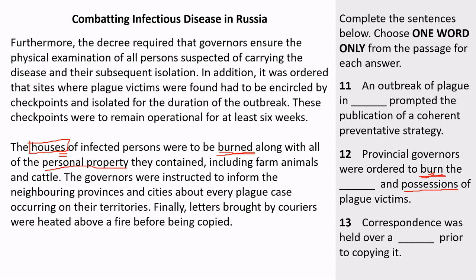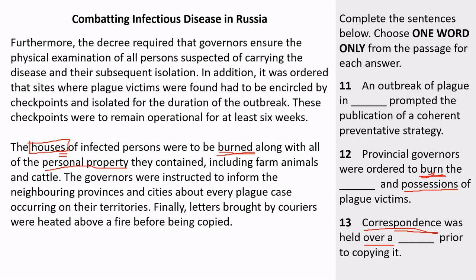So correspondence is a pretty unique word. It means letters or some form of communication. So that's going to be helpful. And over a is helpful because it occurs right before the blank, and so it's not necessarily good for finding the location, but it is really helpful for knowing what the answer is going to be after we find the location. The thing on top is the correspondence, and the thing on the bottom is the answer that we're looking for.